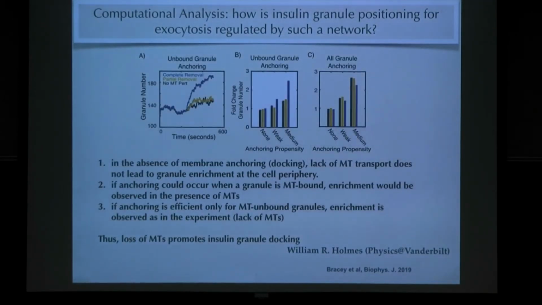Another important conclusion out of the model was that the result that we observe with granule accumulation in the periphery in the absence of microtubules can only occur under the conditions when the docking of the granules at the periphery is activated.